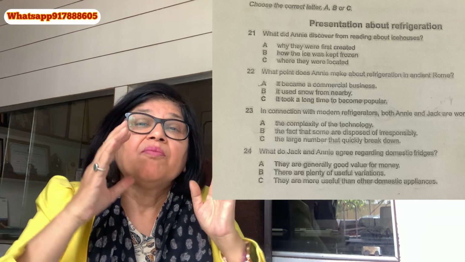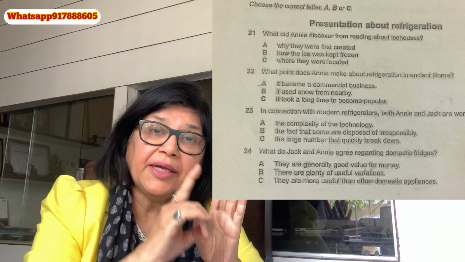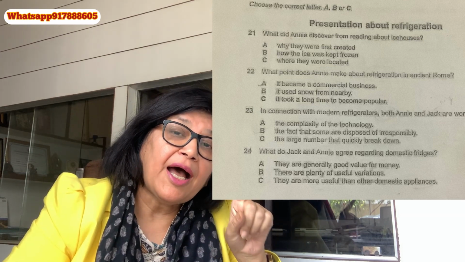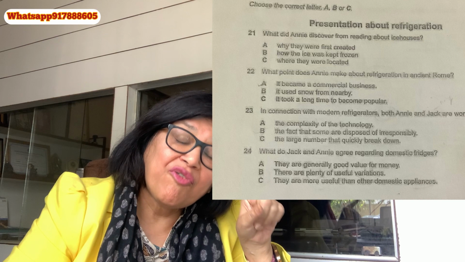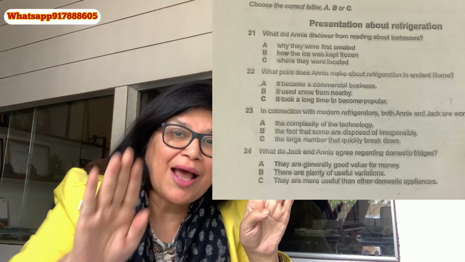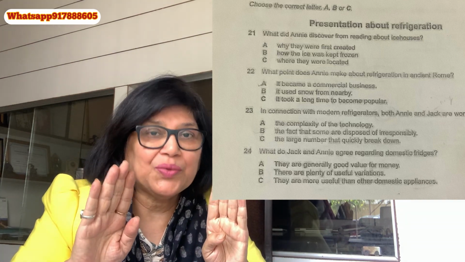And please, sometimes what happens is, another tip coming, that they will give you the answer in the first option and then try to distract you. Clear? They will try to distract you.